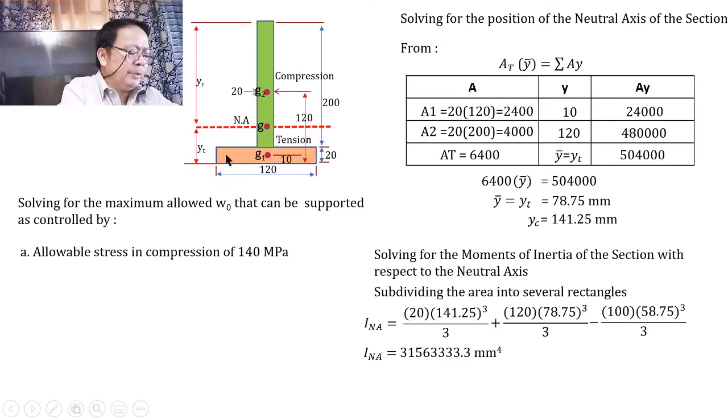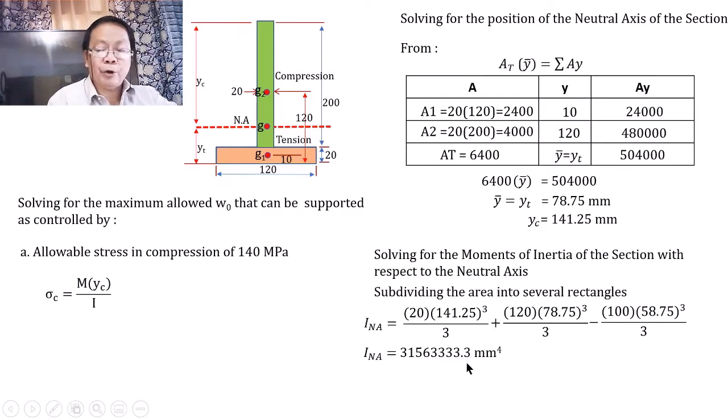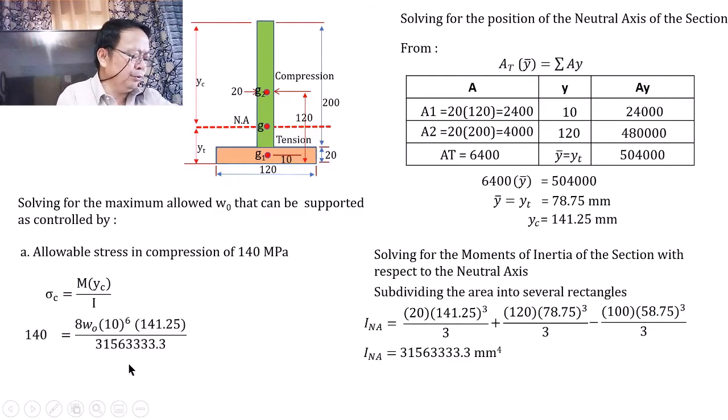So if this will be substituted in the flexure formula, that our flexure formula is equal to stress equal to M y c over I, na kung saan yung ating stress sub C is the allowable of 140, yung moment is the computed moment equal to 8W sub O, y sub C is this value which is given at 141.25, and I which is just computed to be 3156333.3 millimeter to the fourth. So if this will be substituted, you will see this equation.